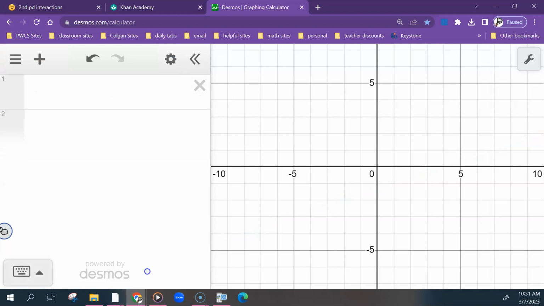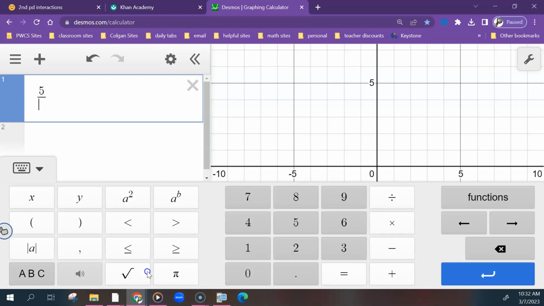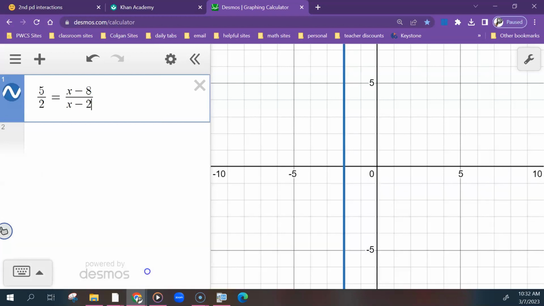With 4, you can also put that in all at once. This over. It's going to give you a straight line.